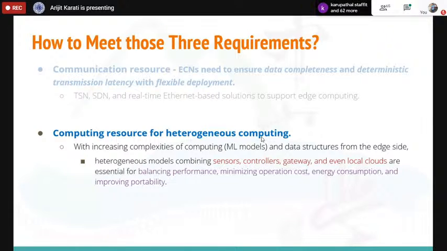With the growth in complexity of computing models, why are we saying increasing complexity? Because we now know that, for example, sometimes I transmit more than the data volume I really require into the clouds or other storage space.